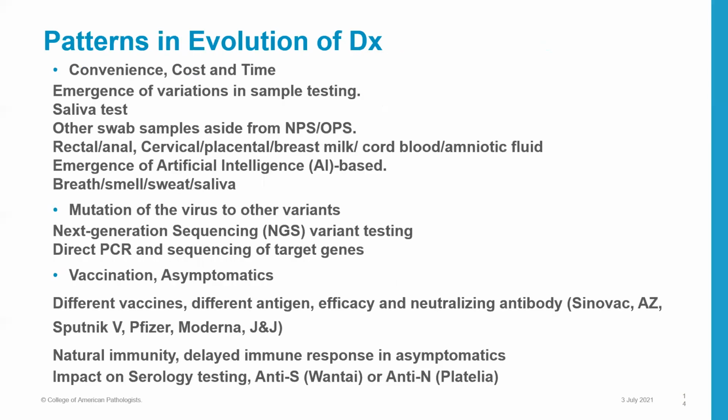Okay. Now, of course, among these patterns in the evolution of COVID-19 diagnostics, in response, as you can see, there is an emergence of variations in sample testing, like the emergence of saliva tests. There are data that say that instead of doing the conventional NPS OPS, we use the saliva test, so it's not as invasive, and other swab samples aside from the NPS OPS, like the rectal or anal.